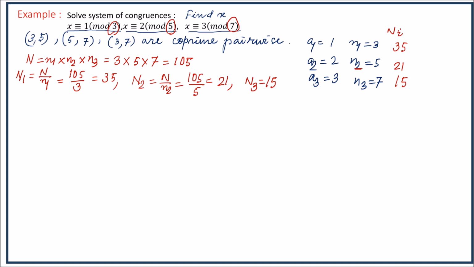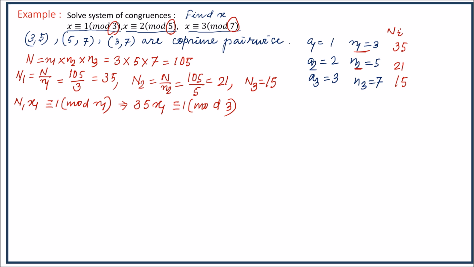Then coming to the third step. Third step is N1 x1 is congruent to 1 modulo small n1. Applying here, I'll get 35 x1 is congruent to 1 modulo 3, because n1 is 3. So this step you have to find out. Think critically.